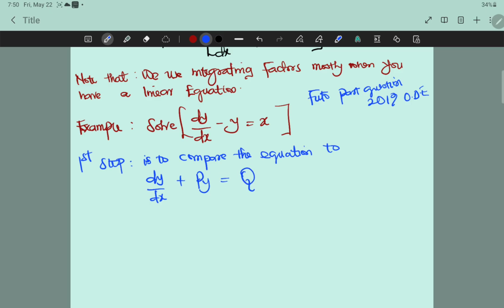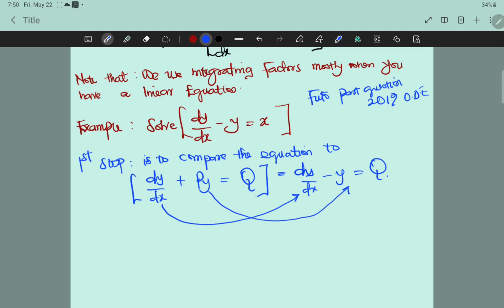If you compare this with dy/dx minus y is equal to x, this goes for this, and this goes for this.